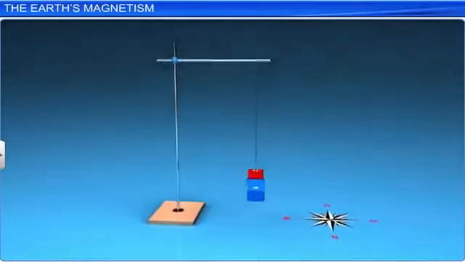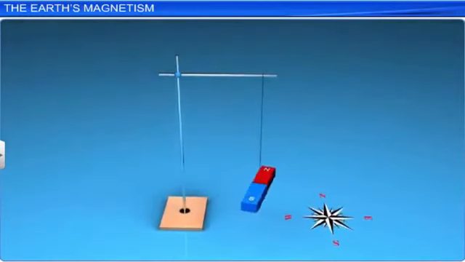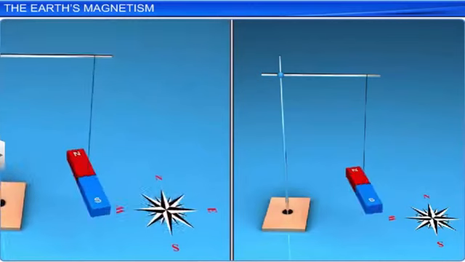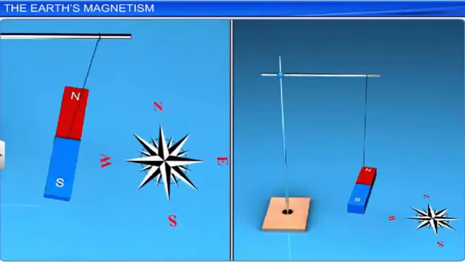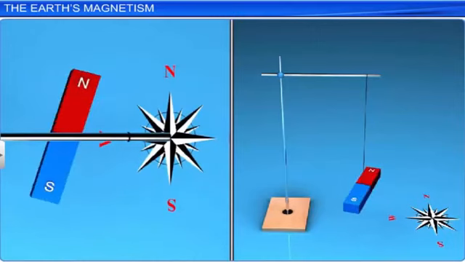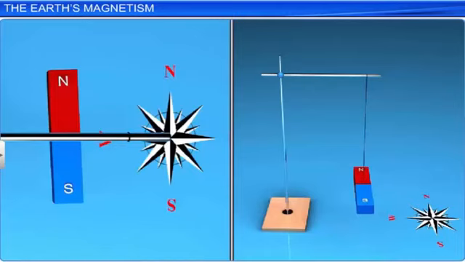The convention for this nomenclature for the Earth's magnetic field arose due to the fact that the north pole of a freely suspended bar magnet points towards the geographic north, whereas the south pole of the magnet points towards the geographic south. The north pole of a magnet was named so because it is a north-seeking pole.